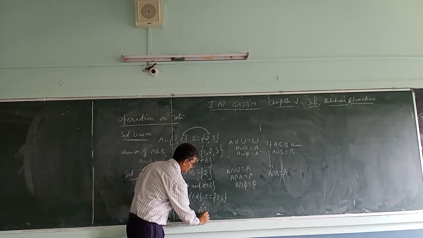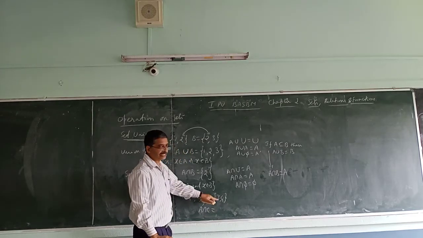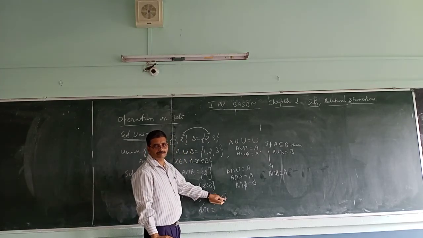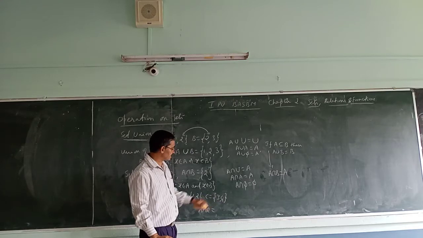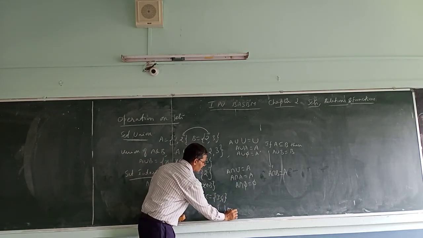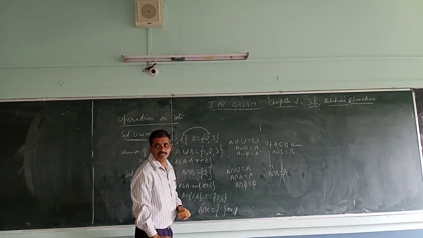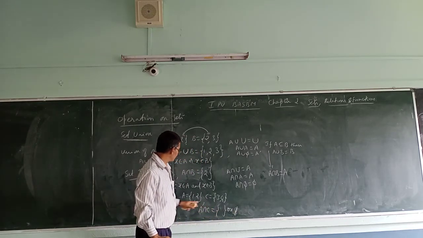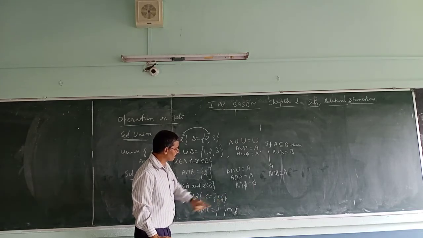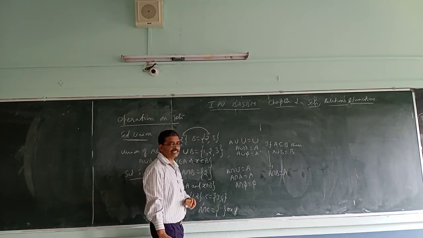Any common element here? There is no common element. So A intersection C is the null set, because A is 1, 2 and C is 3, 4. There is no common element. So the intersection is the null set.